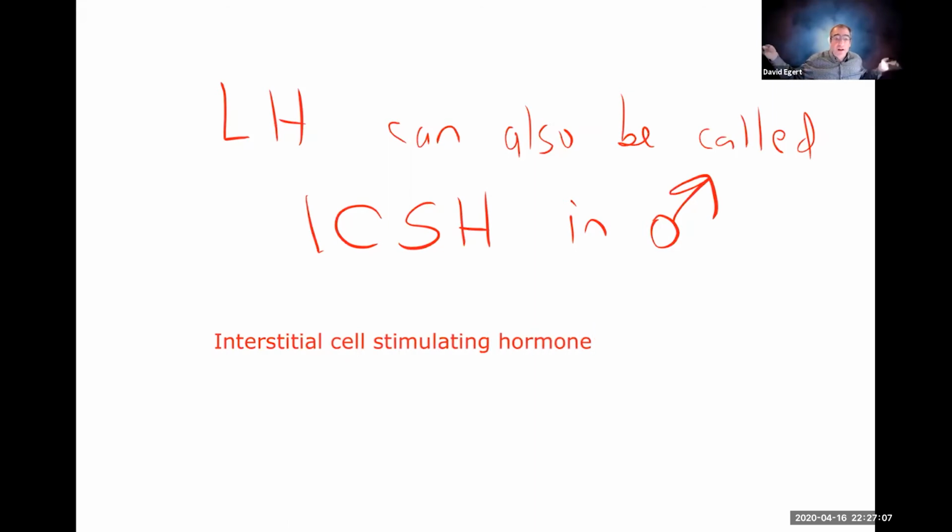So you can still call it LH, or because luteinizing hormone is specifically about creating this corpus luteum in the woman, they came up with another name in the guy. But LH is the more common way to say it.